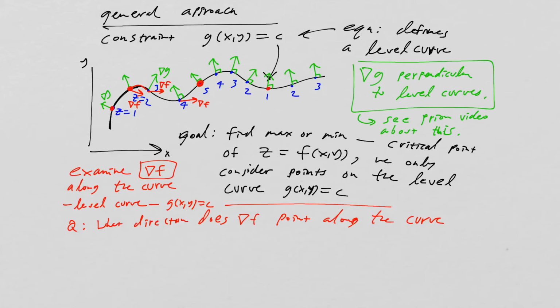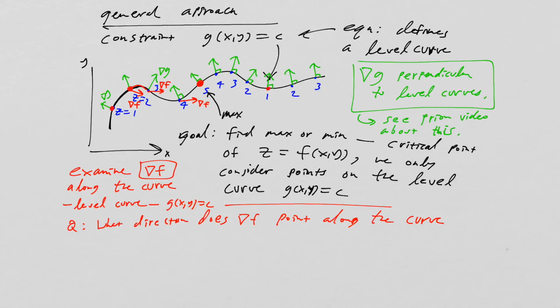But it turns out something weird happens when you get to this maximum point. Again, I'm going to say that 5 actually is our maximum. Well, if I'm at the maximum, the gradient shouldn't point in any direction that's going to be along the curve, because the gradient always points in the most uphill direction.